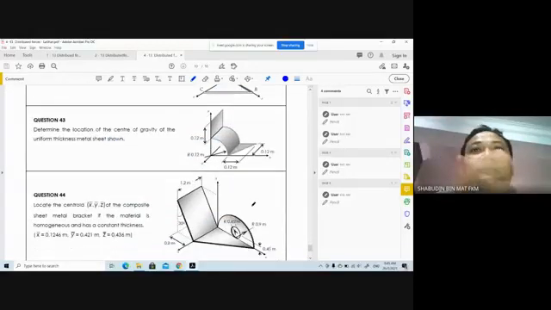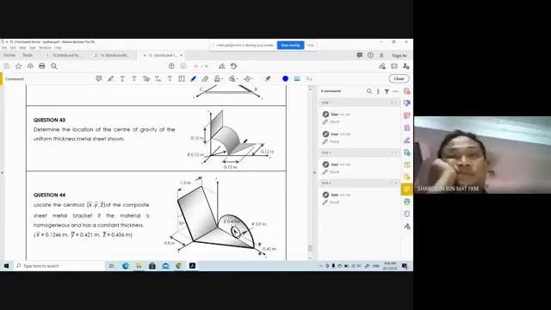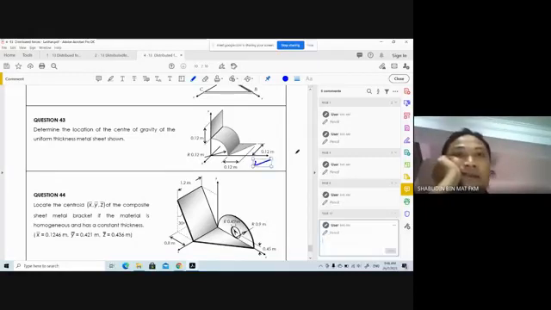You have 2 questions here on determining center of gravity or CG for this sheet. This is the centroid of the area. We did that many, that one so simple.